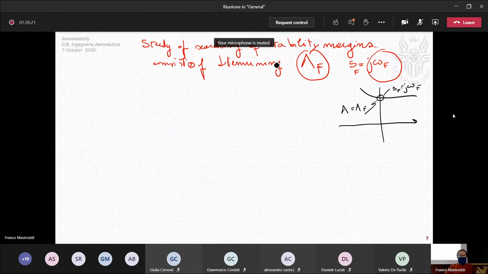Can we have two equations for solving these two unknowns? Yes, we always have.